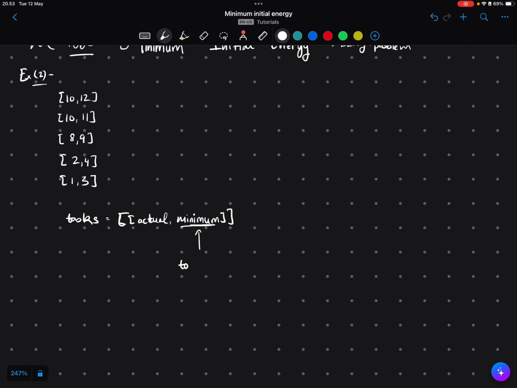So we need the total to match every task's minimum. We don't really care about the actual in this question. Our main emphasis is on minimum itself, because if you have the minimum, then you can do the actual and you will get some leftover and you can carry that onto your next task.